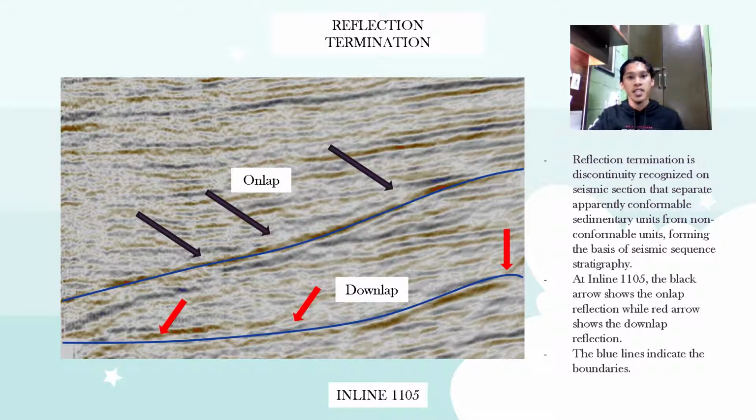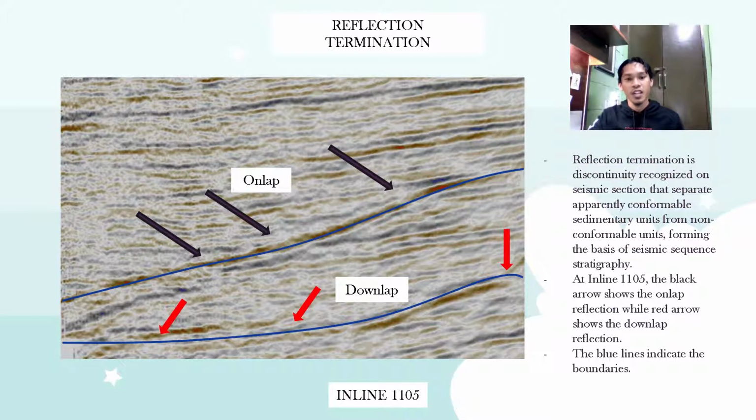The next one is the reflection termination. Reflection termination is a discontinuity recognized on seismic section that separates apparently conformable sedimentary units from non-conformable units, forming the basis of seismic sequence stratigraphy.